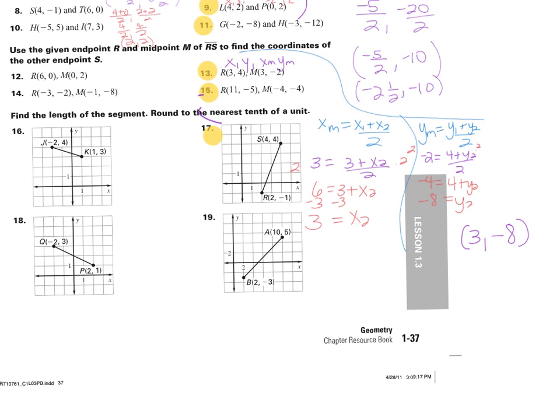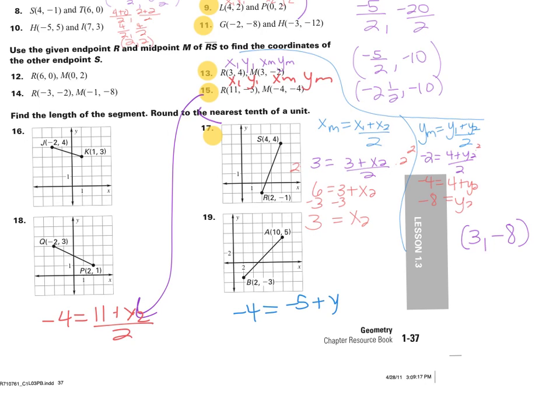And then 15, let me bring it down here. So the same setup, so this is my x1, y1, xm, ym. So the xm would equal the x1 plus x2 over 2, and the ym equals y1 plus y2 over 2.